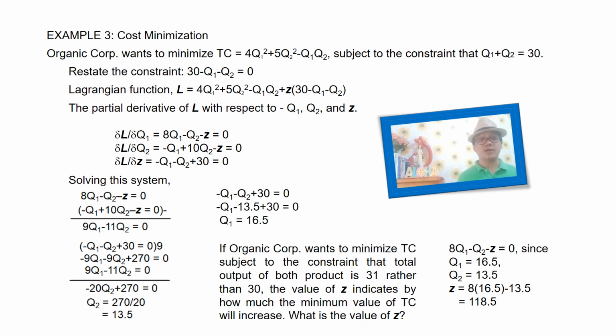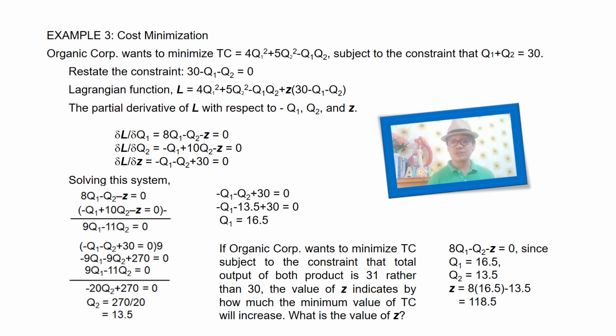What is the value of Z? So the value of Z is simply 118.5. Consequently, if the constraint is relaxed so that total output is 31 rather than 30, the total cost will go up by 118.5 pesos. That is what our Z variable means.